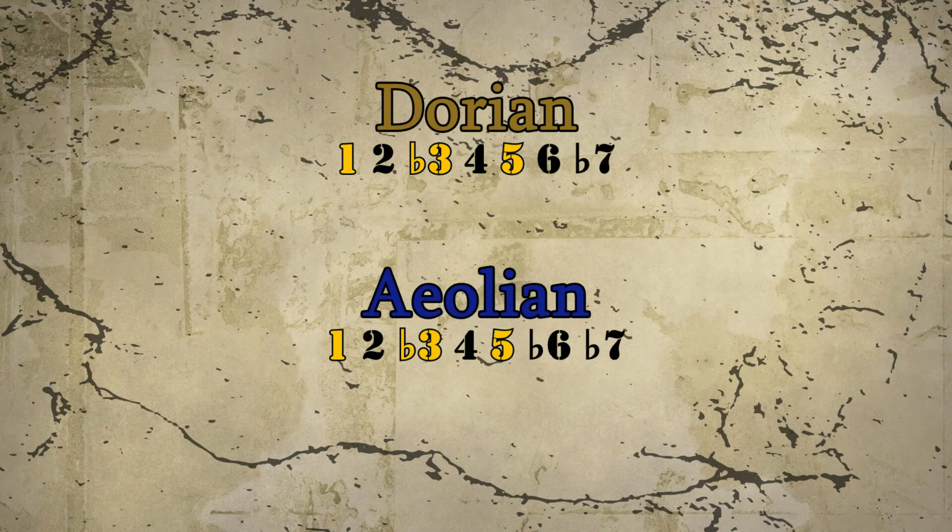Dorian is like Aeolian, but less sad. They both share the major second with the minor third. But the 6th degree in Dorian is not flattened, so instead of a minor 6th, Dorian has a major 6th. This means that to get that Dorian sound, you need to bring out the major 6th, which sets it apart from Aeolian. Let me demonstrate.